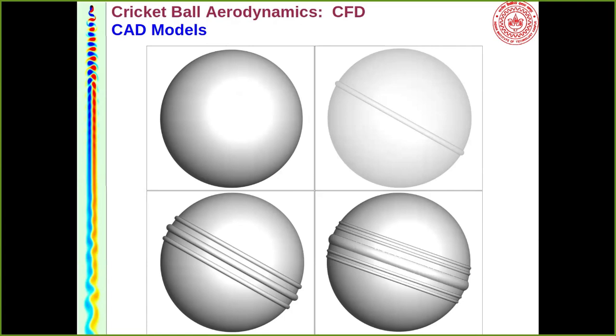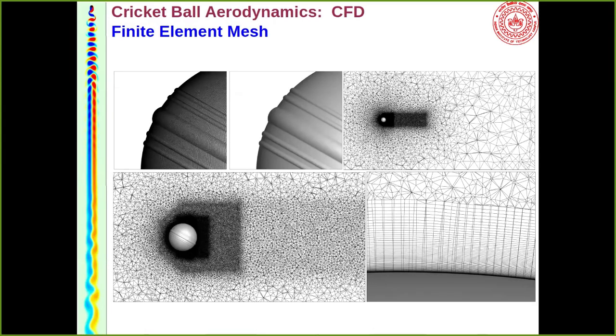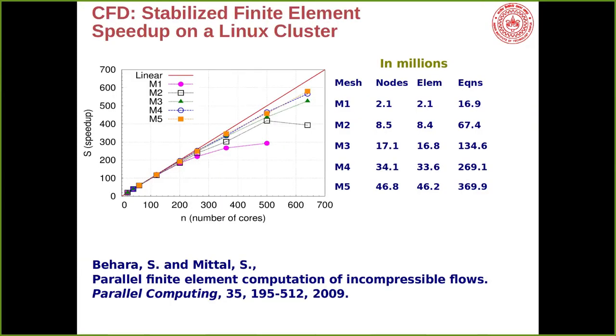So we made these CAD models with mesh around them and so on. These are the kind of finite element mesh that were generated. I don't think you can see the mesh, but it's a very fine mesh. The seam is completely resolved. So these are largely simulated. We use a Linux cluster because these are in-house codes and they scale up pretty well.